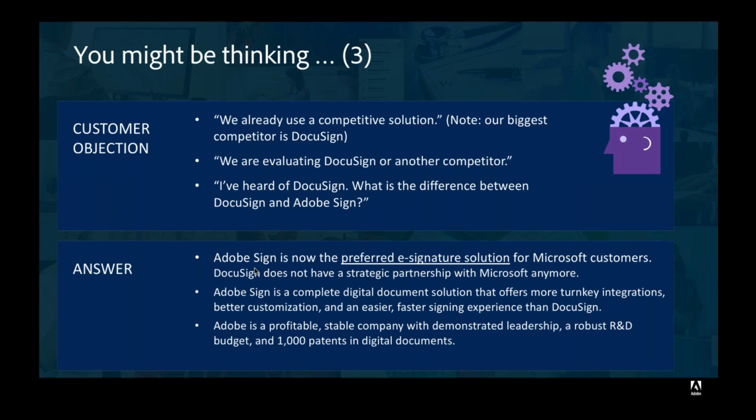Both companies have a lot of capability, but what we're trying to do is get that extra advantage through the integration partnerships that we have to make that experience that much better. It's a complete digital document solution, with many turnkey integrations, and again, an easier, faster signing experience.